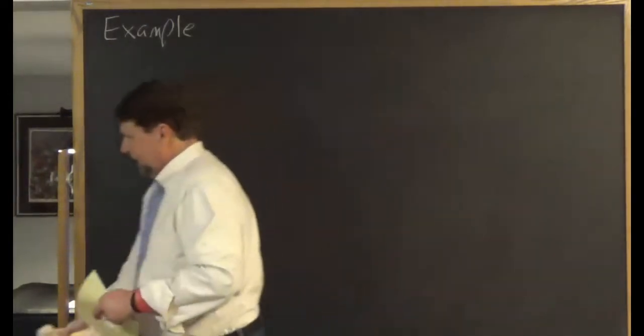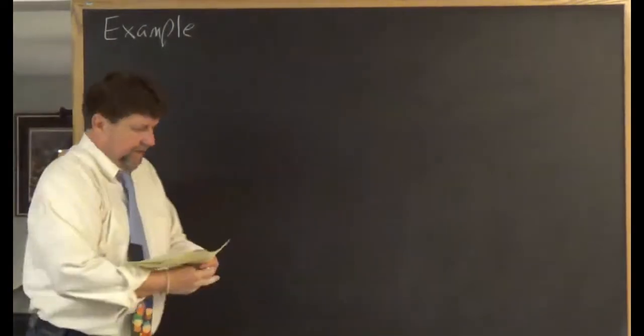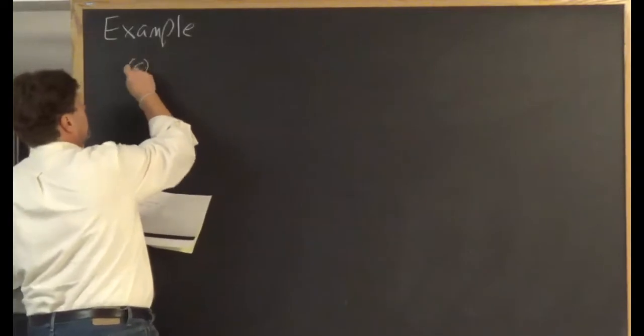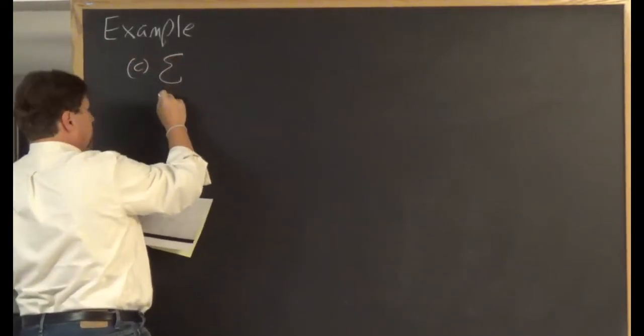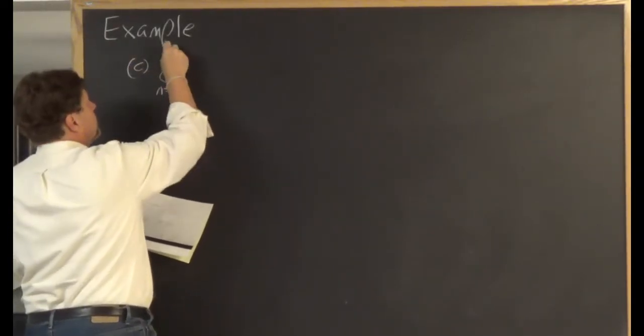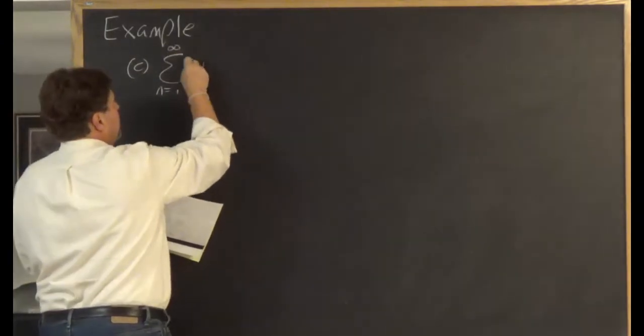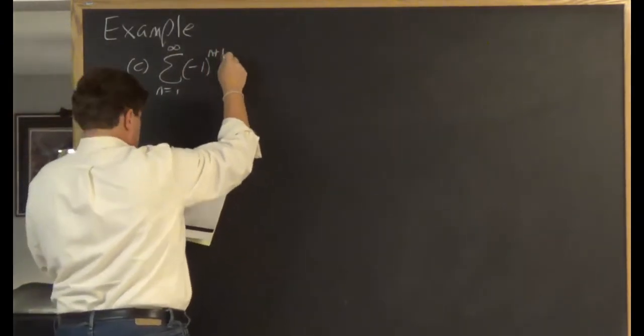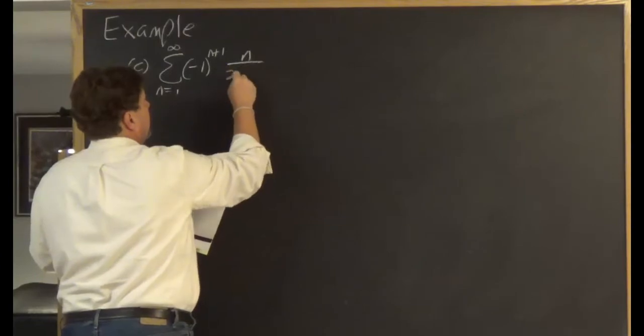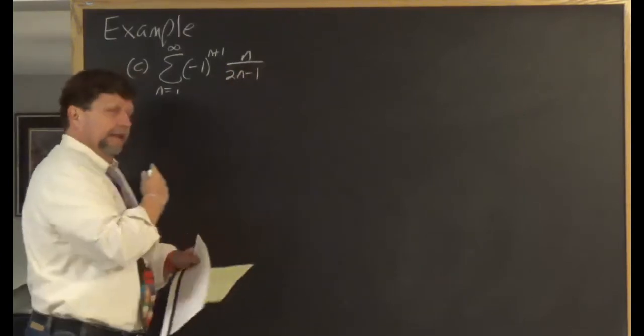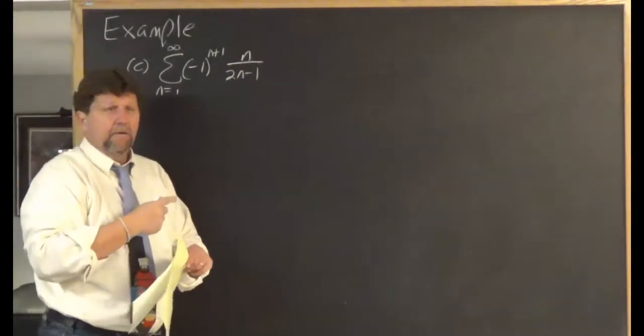So part C was the series, n equals 1 to infinity, negative 1 to the n plus 1, n over 2n minus 1. That looks awfully familiar to what part A was.